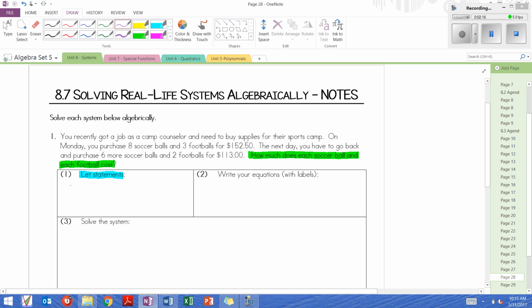So I'm going to just use x and y. X is equal to, well, we don't know 2 things now. So we don't know the cost of a soccer ball, and we don't know the cost of a football.